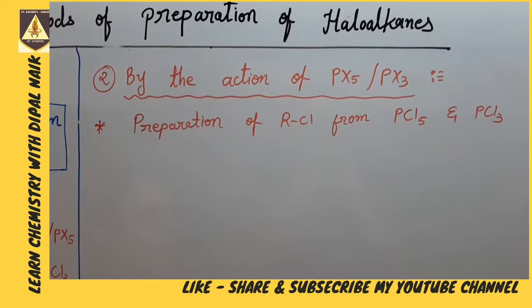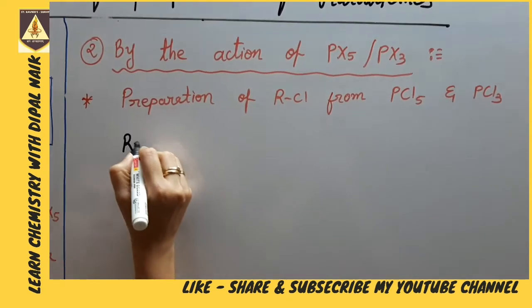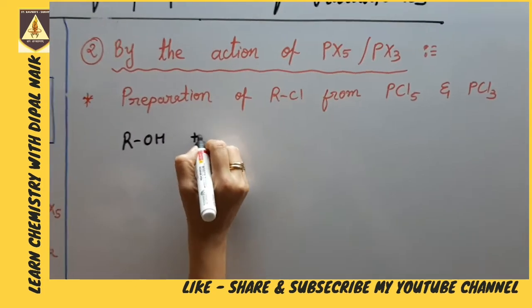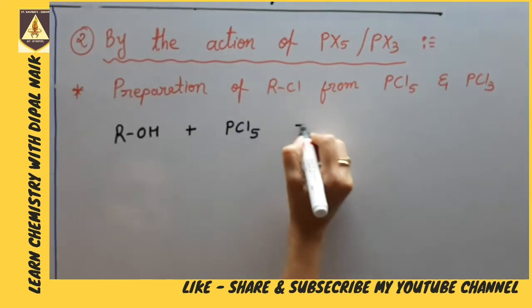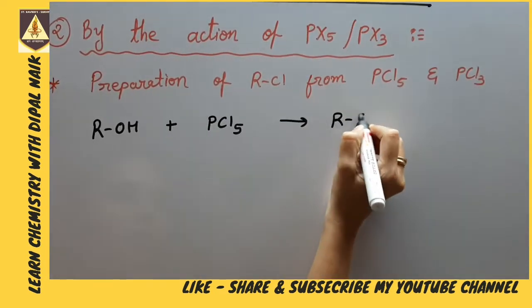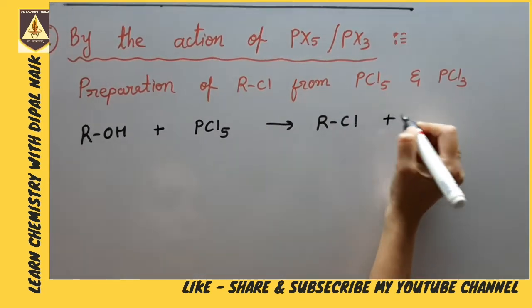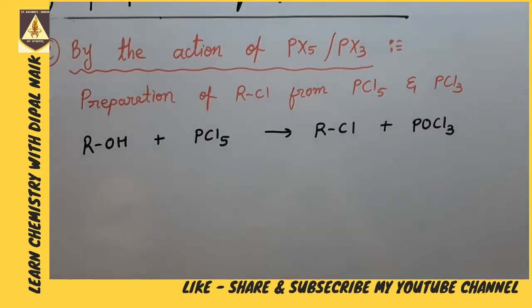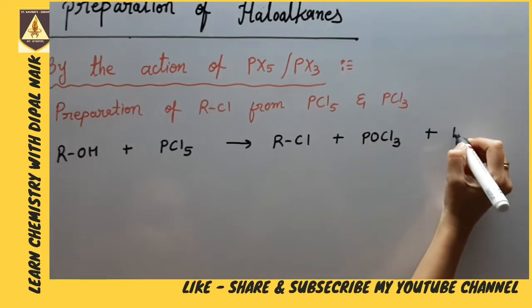For this, first I introduce the general reaction. The starting material is of course alcohol, ROH, which reacts with PCl5 to give RCl, chloroalkane, POCl3, phosphoryl chloride, and HCl.